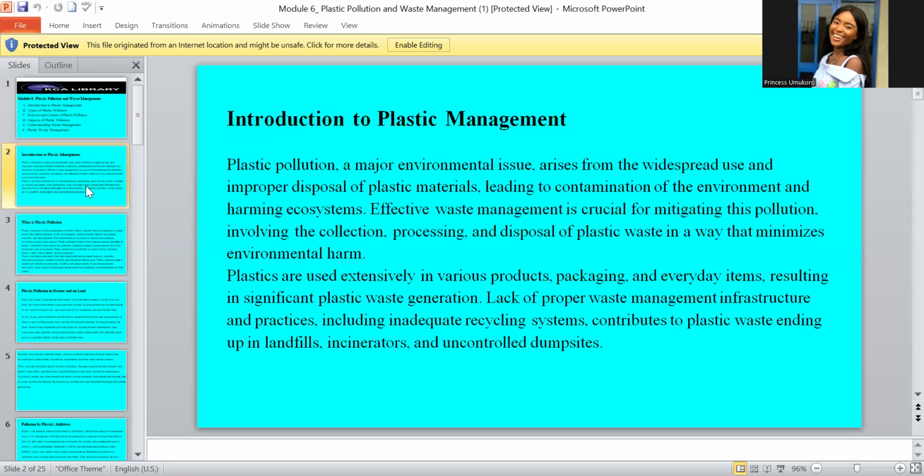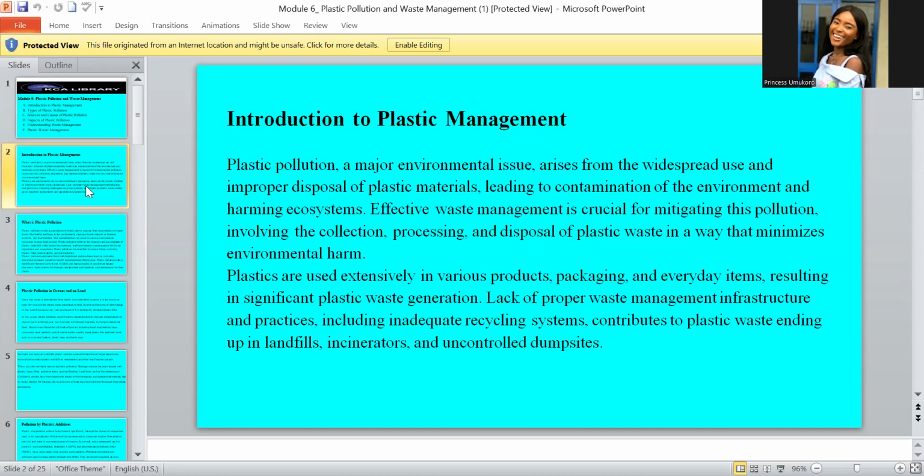Plastic pollution is a major environmental issue. It arises from the widespread use and improper disposal of plastic materials, leading to contamination of the environment and harming ecosystems. Effective waste management is crucial for mitigating this pollution, involving the collection, processing, and disposal of plastic waste in a way that minimizes environmental harm.